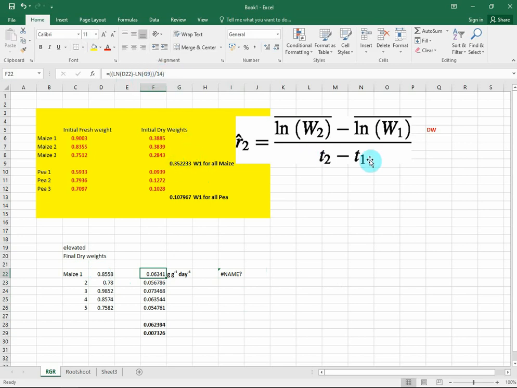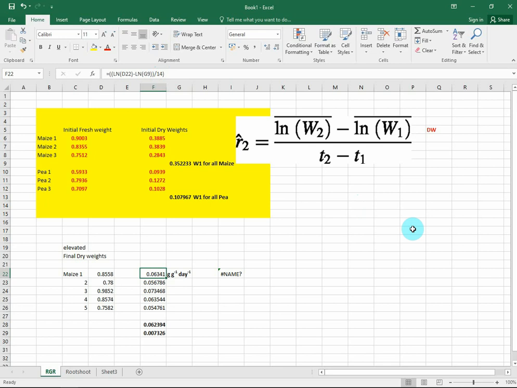Now, for T1 and T2, T1 will always be 0, always be 0. T2, for the love of me, I can't remember if you guys did it for 14 days or 21 days. You better check the dates on that, because this 14 will change. If the experiment ran over 3 weeks, then it's obviously 21 days.